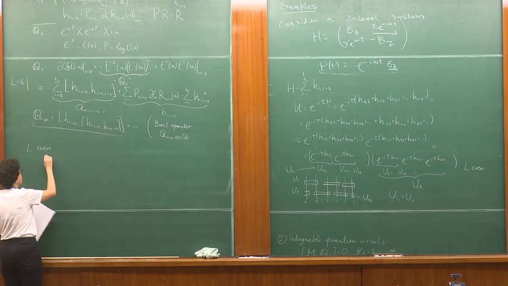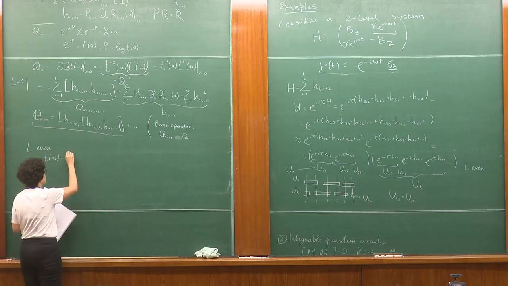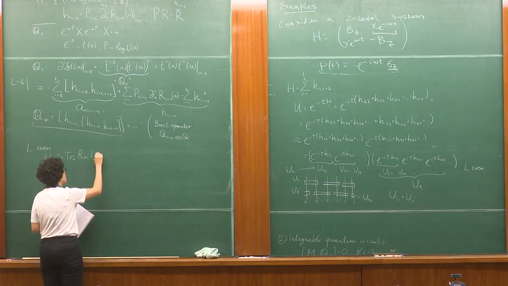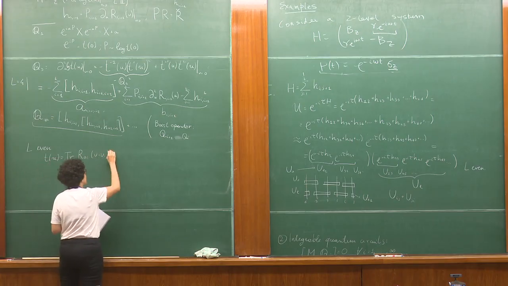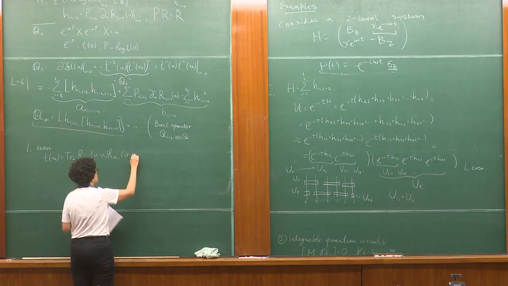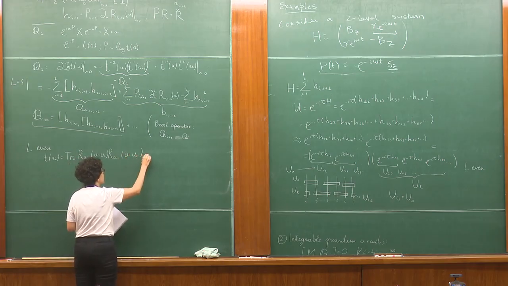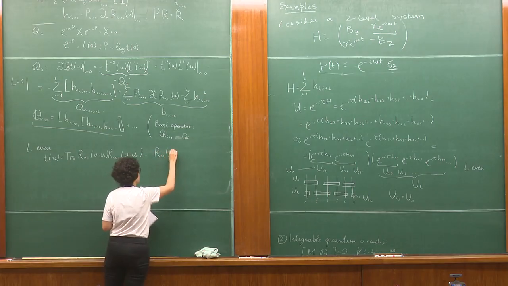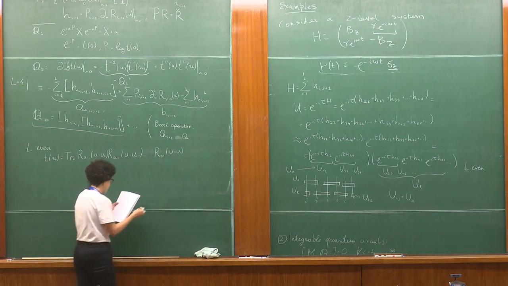We can construct the arbitrary transfer matrix T(U). This is the trace of R_0L(U minus U_L) R_0,L-1(U minus U_{L-1}) up to R_01(U minus U_1).